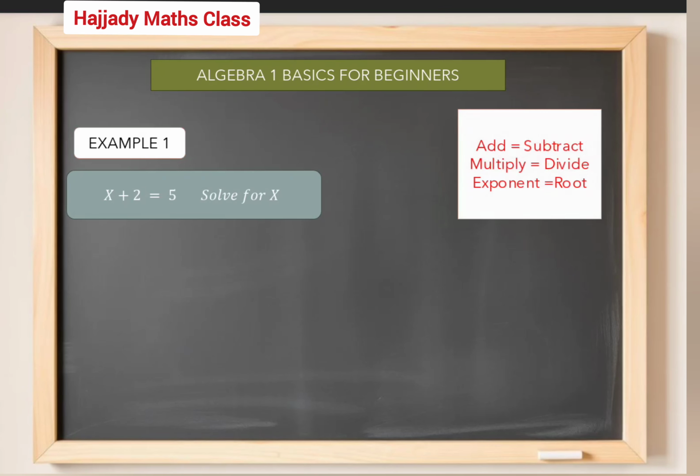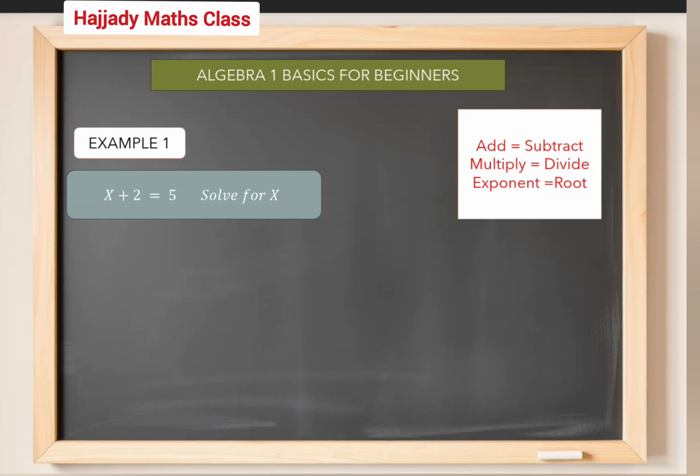The first rule says that our objective is to let the variable x be on the left side and the value on the right side. Now, what we need to do is eliminate every value that is with the variable x.